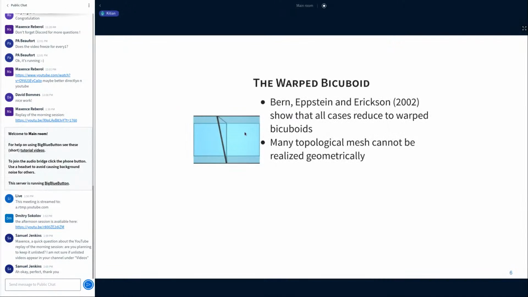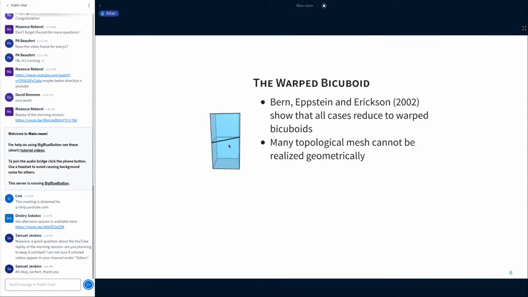So this last one, the bicuboid, is one of the more interesting ones, because topologically it's the easiest configuration you could have. You only have two hex, but geometrically, if the central four faces don't form a plane, it's not clear whether or not there is a geometric mesh of this boundary.